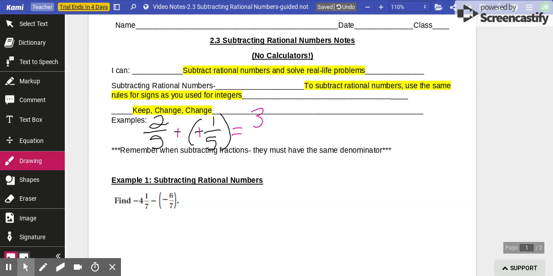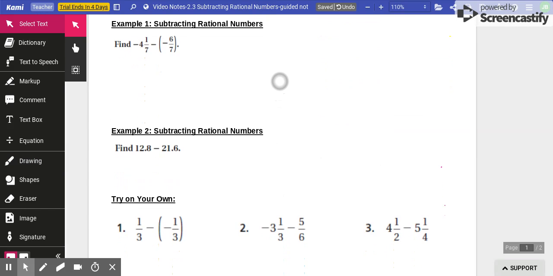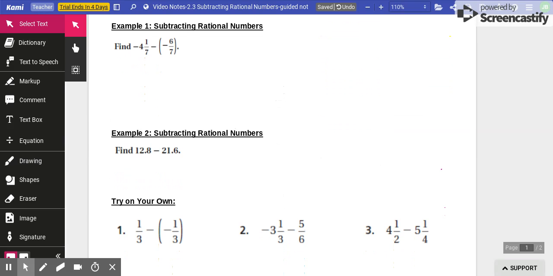So we have 3/5. We keep our bottom one the same. Just remember that when we are adding or subtracting fractions, you have to make sure that they have the same or common denominator.